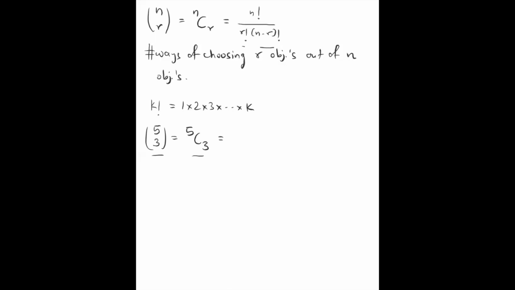You first take 5 factorial upon 3 factorial into 2 factorial. So writing it all out is 1 into 2 into 3 into 4 into 5 divided by 1 into 2 into 3, and then again you have 1 into 2. This is what it will be.